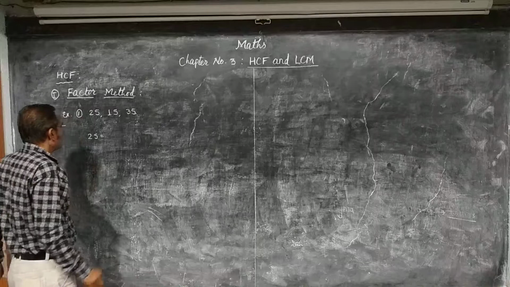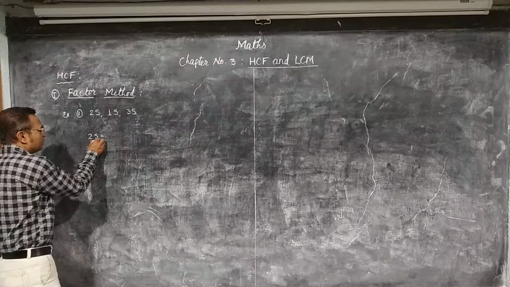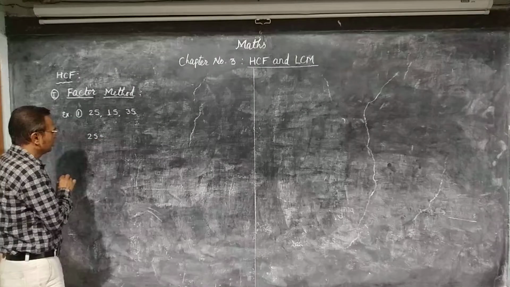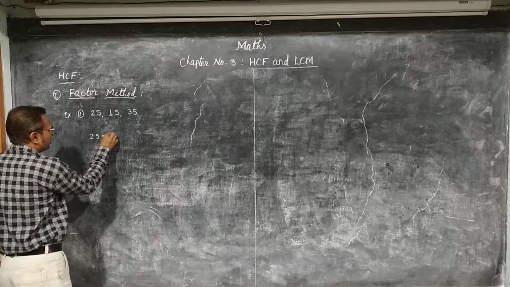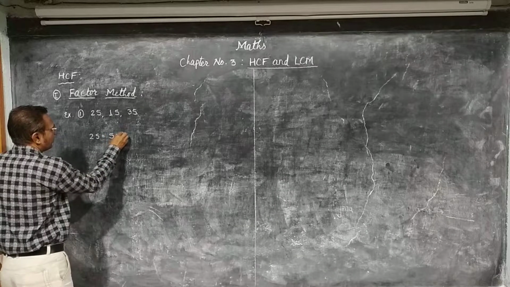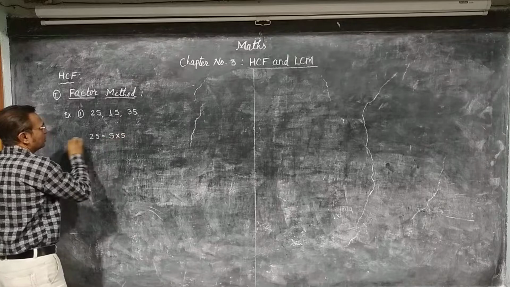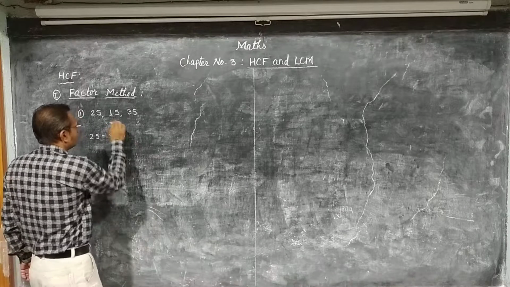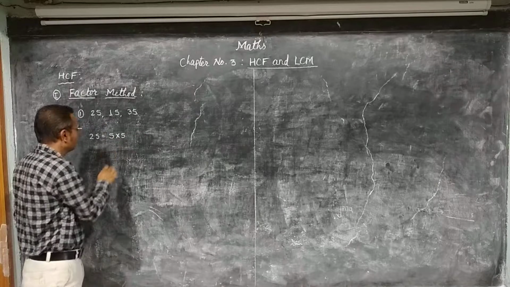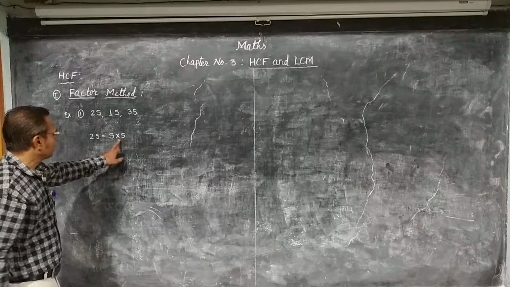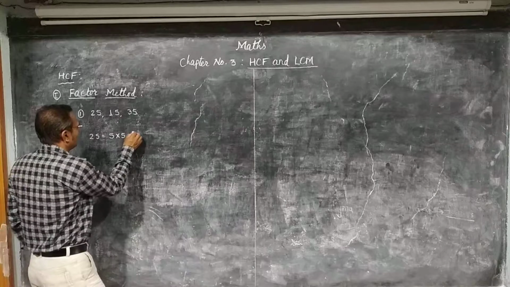After that, 5 is a prime number, and there is 5 in the unit place, so we can write 5 into 5 is 25. Both are prime numbers, so the prime factors of 25 are 5 and 5.